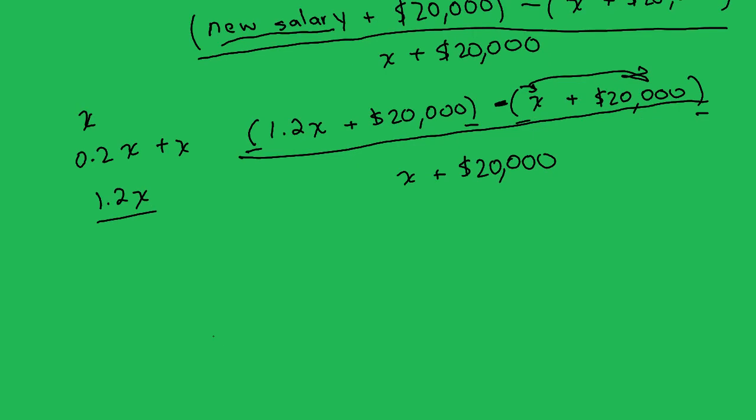I'm going to rewrite this here. Take out the parentheses: 1.2x plus $20,000, and then the minus goes over the x to get minus x, and negative $20,000.